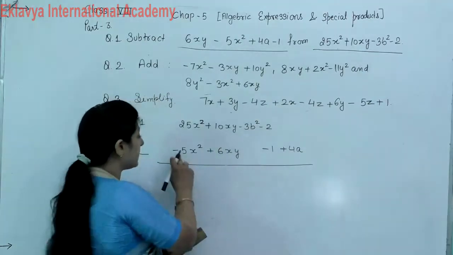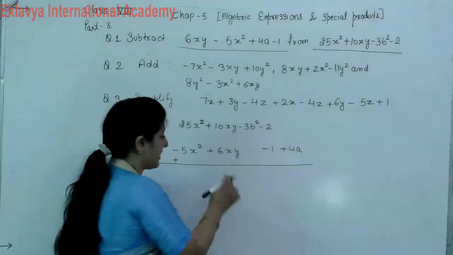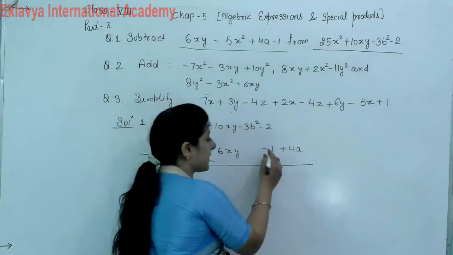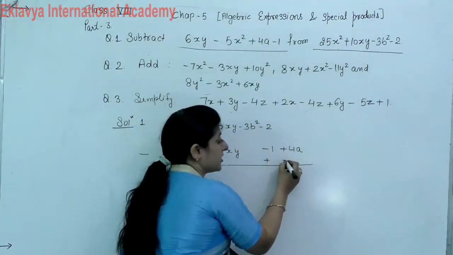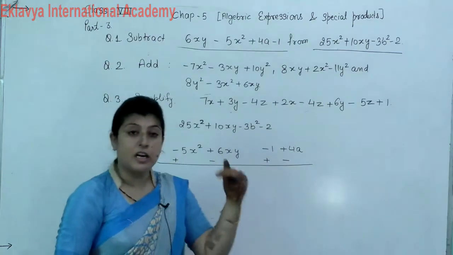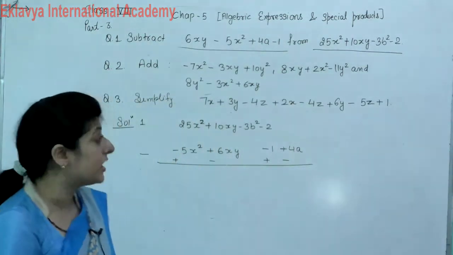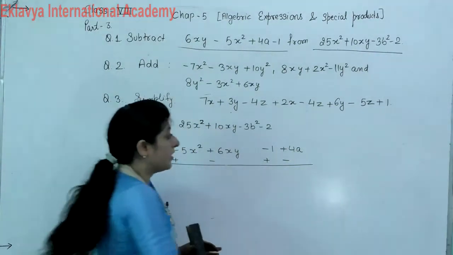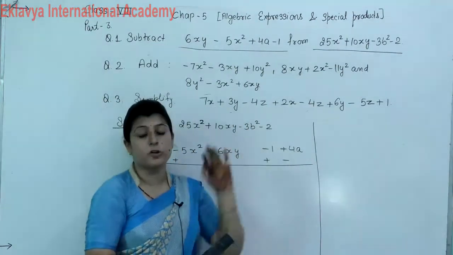See here, this minus will change into plus, this plus will change into minus, this minus will change into plus, this plus will change into minus. Now we will solve. So whenever we do the subtraction, firstly we change the signs of the second polynomial.